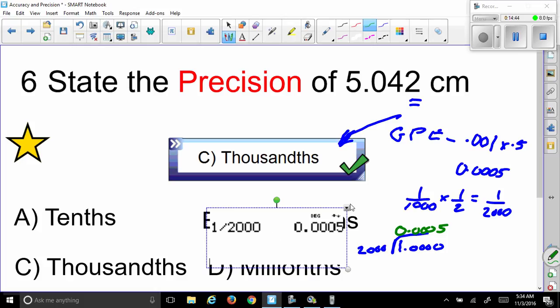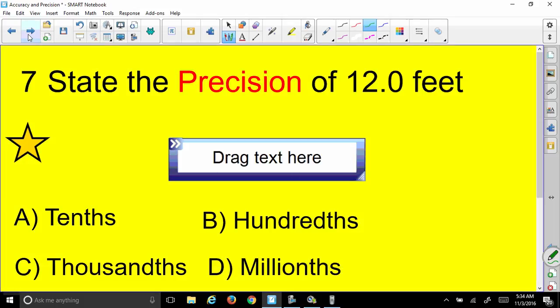So that would be the precision of that number. So we need to make sure that when we're looking for the GPE, we just take the place value and divide it by 2, or multiply by 1/2, or multiply by 0.5. So that's precision.